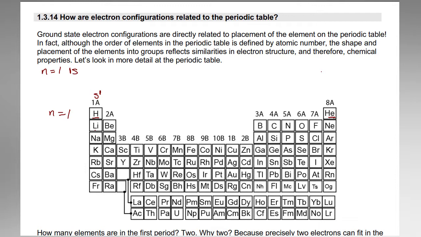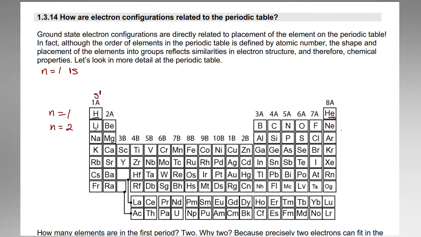Now, if I label the second period as n is 2, it's going to become immediately obvious to you why there are 8 elements in the second period. 1, 2, 3, 4, 5, 6, 7, 8. Now, which atomic orbitals are possible in an n is 2 shell? The 2s atomic orbital and the 3 different 2p atomic orbitals.